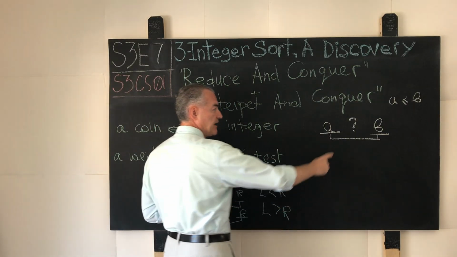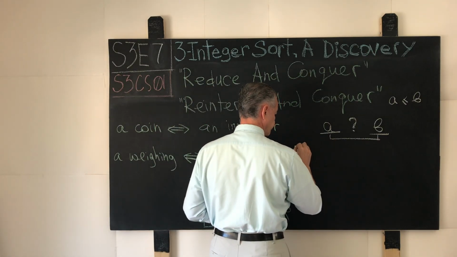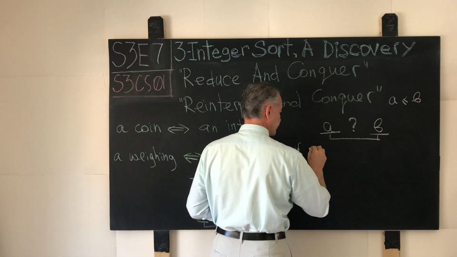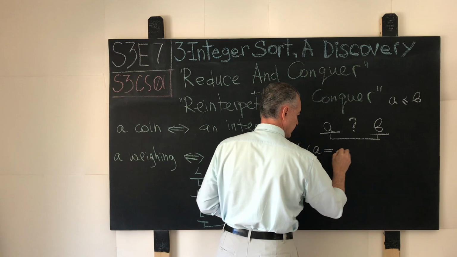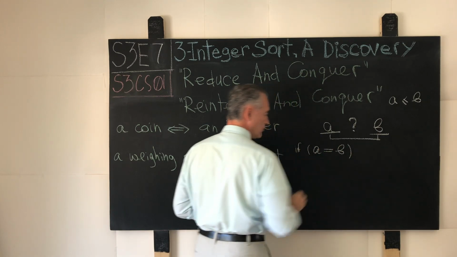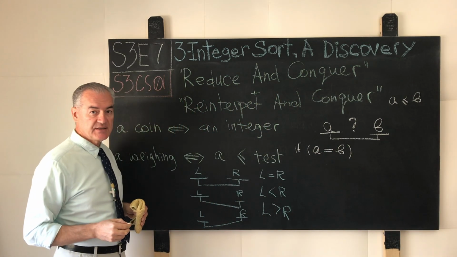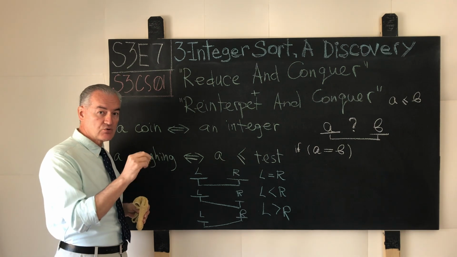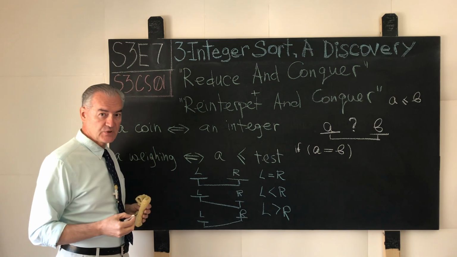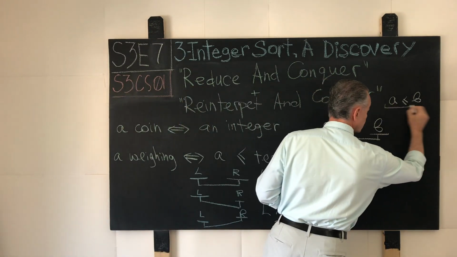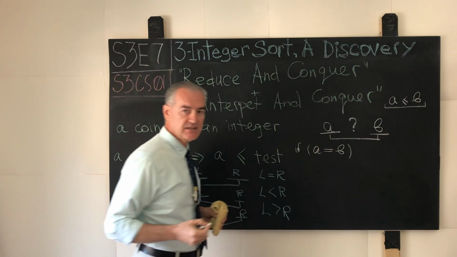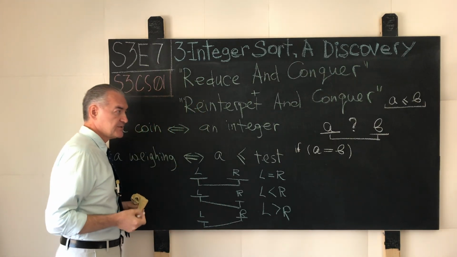If the pens balance, in other words, if A is equal to B, they have equal mass, then do the names of the coins that we wrote on them before we started this experiment match this requirement of sorting these coins by mass in an ascending order? The answer is yes, they do.